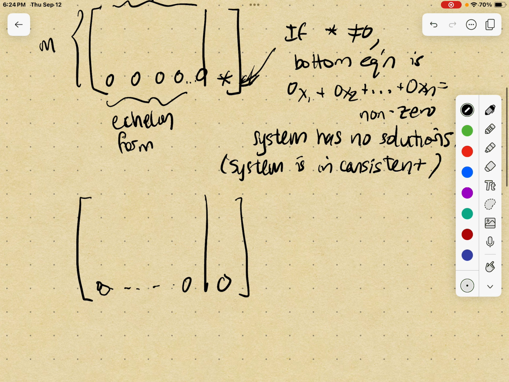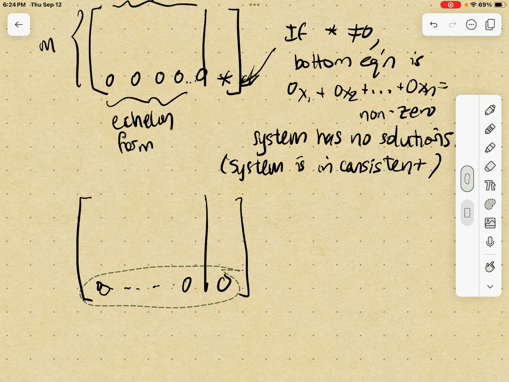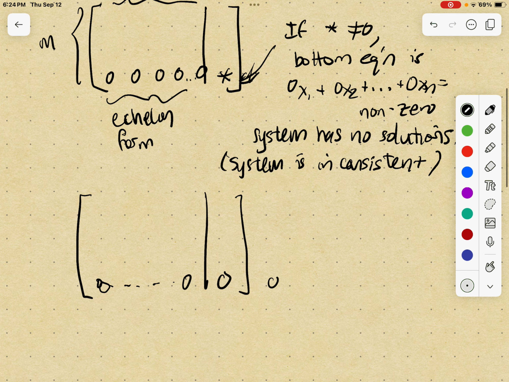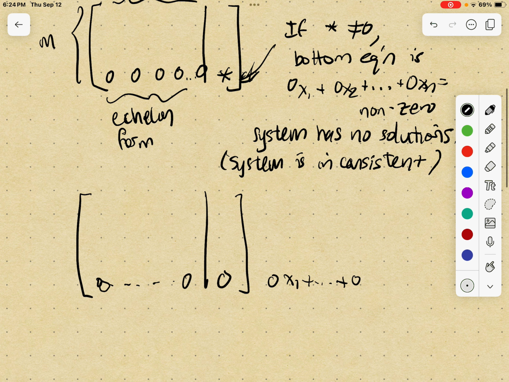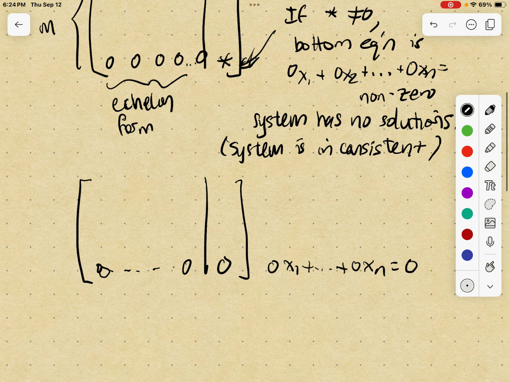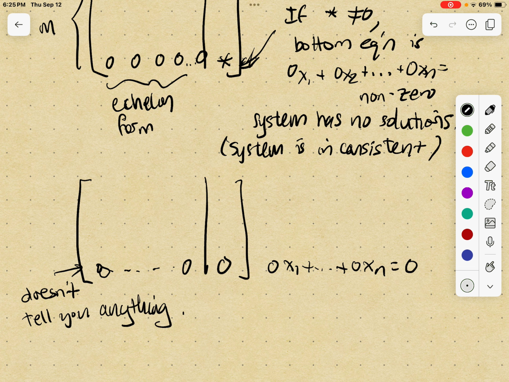If you look at this bottom row and think about what equation you get from this, this equation says 0x1 plus ... plus 0xn equals 0. Well, that doesn't tell you anything about x1 through xn because any x1 through xn is going to make that equation true. So this bottom row doesn't tell you anything about whether the system has a solution or not.